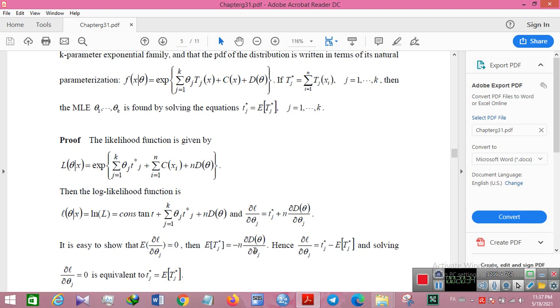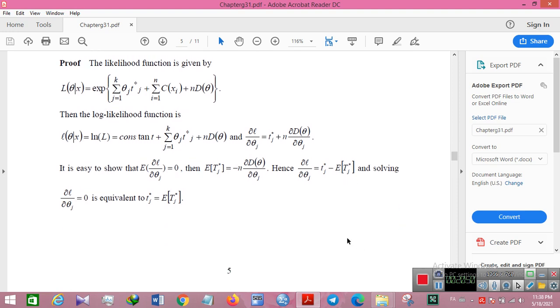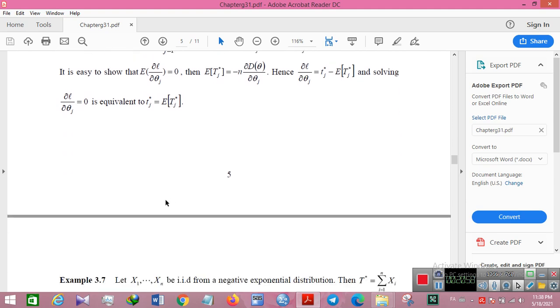Setting this equation equal to 0, we have the derivative of L with respect to theta j equal to t star j minus the expected tj, and solving the equation gives that formula.